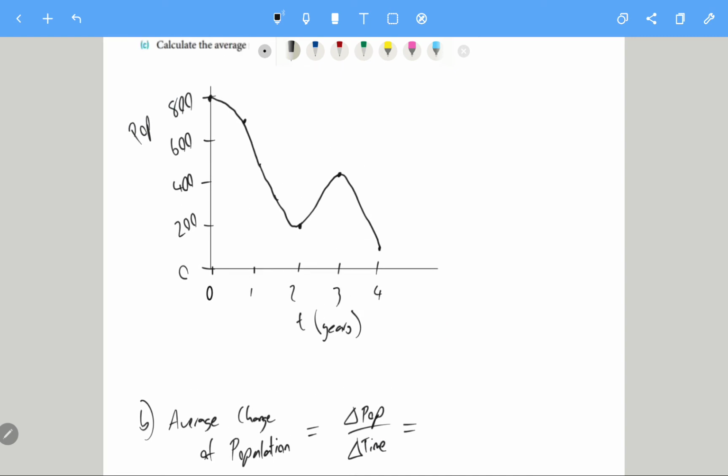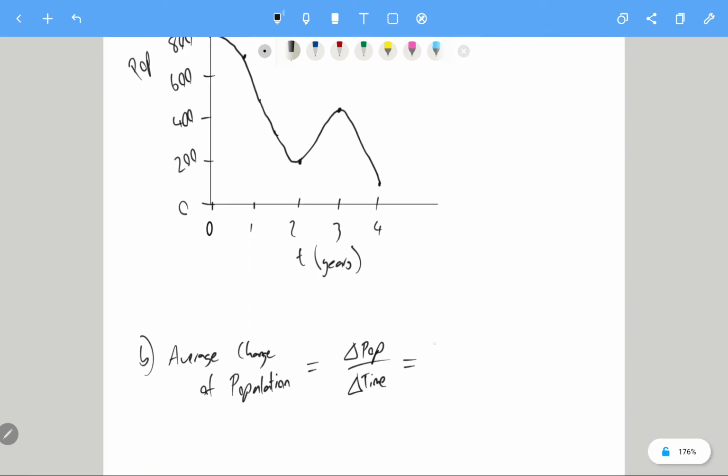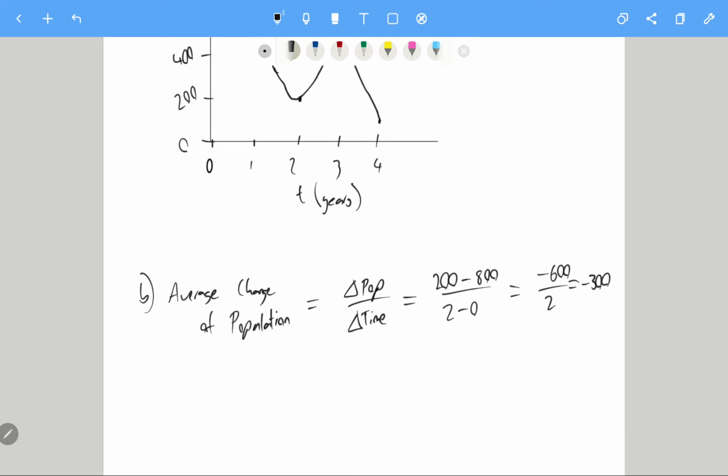So the change in population over the first 2 years is that it goes to 200 starting from 800, and it's 2 minus 0. Negative 300, meaning losing 300 foxes per year.